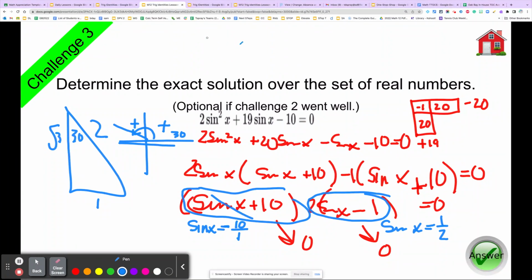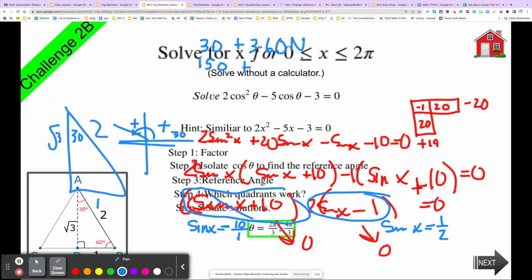but then what we want to do is add 360n to both of these. We could also do this with 2 pi. It did not say how to leave our answer, whether in degrees or radians.